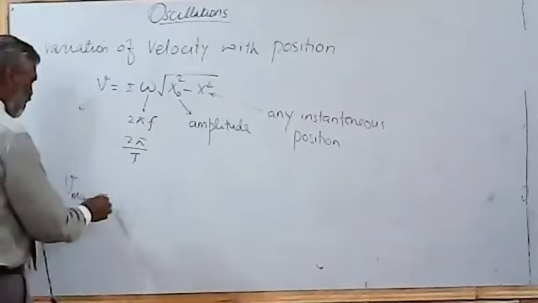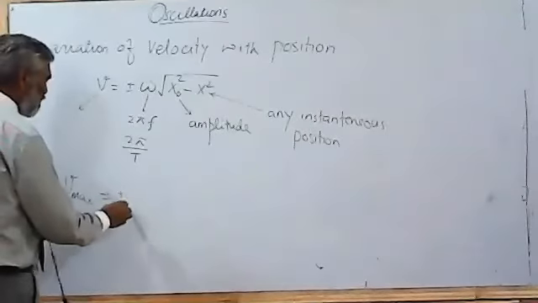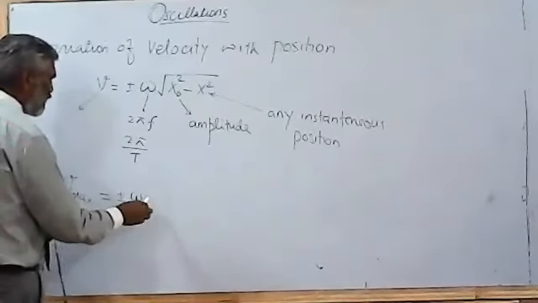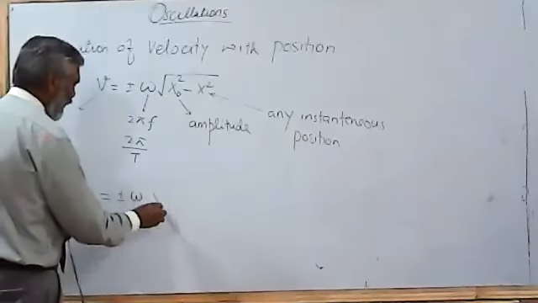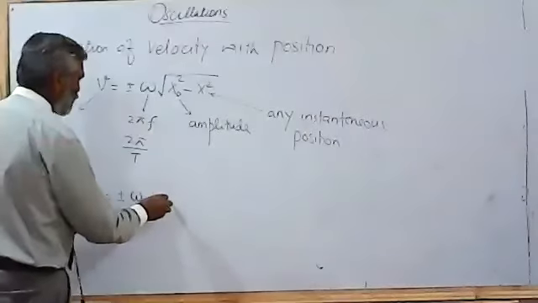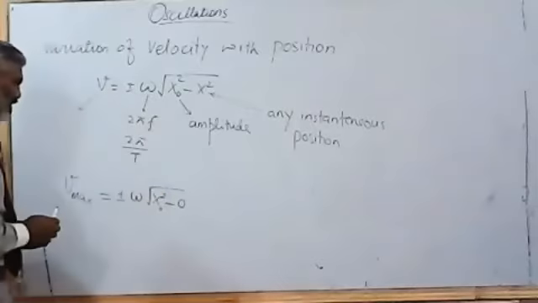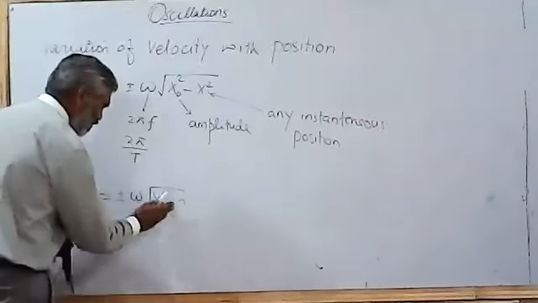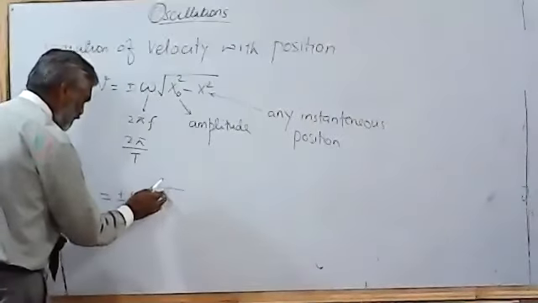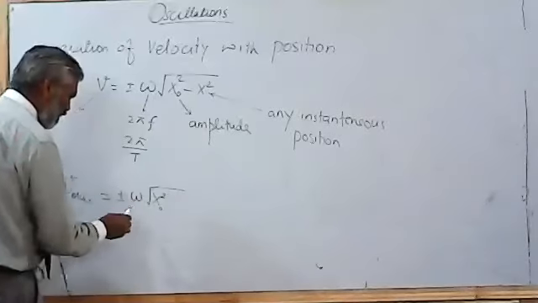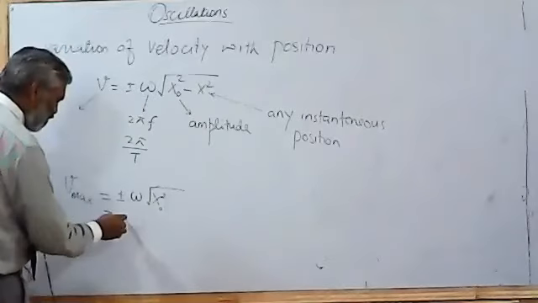That means Vmax should always be calculated using plus minus omega under root x naught square minus 0. And if you simplify it, this 0 goes and this gets cancelled with the root sign.